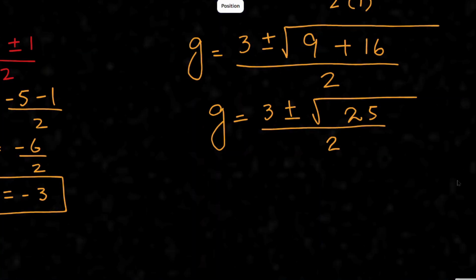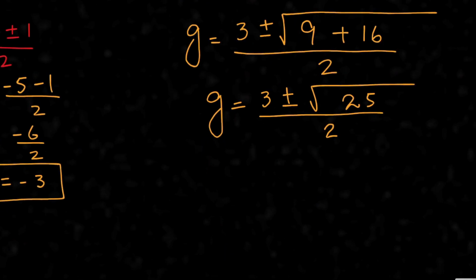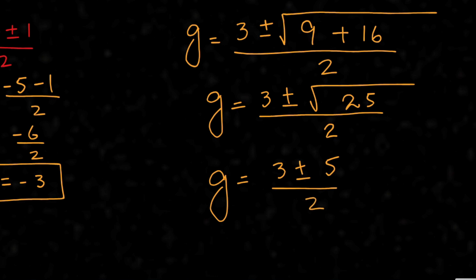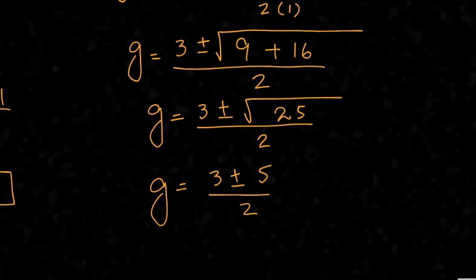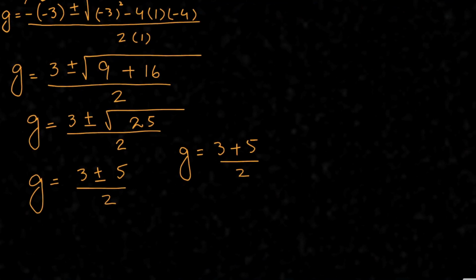We can also write it as g equals to 3 plus minus 5 divided by 2. So we have got two different solutions: one is 3 plus 5 over 2, and the second one is g equals to 3 minus 5 over 2.